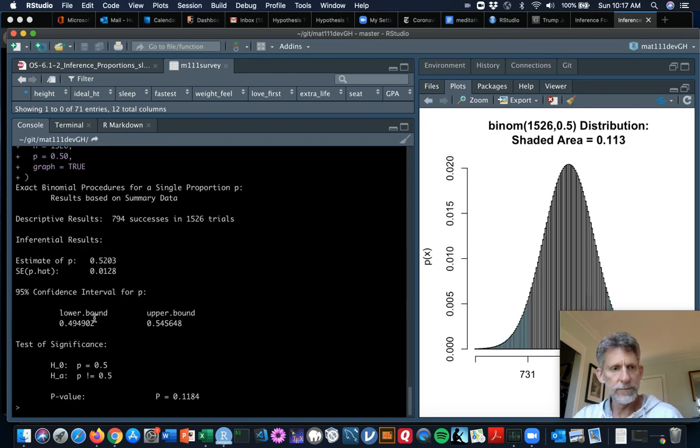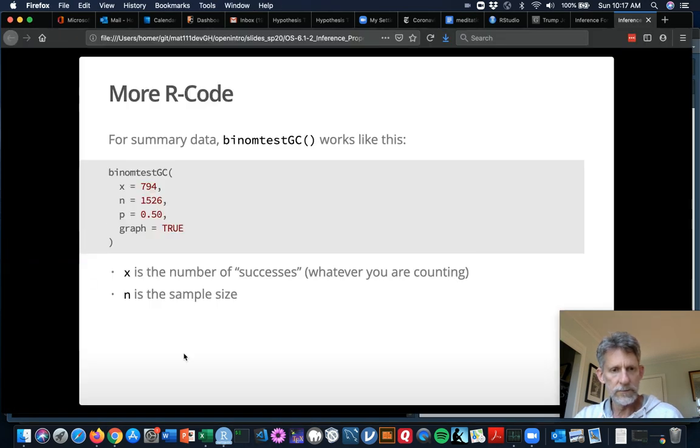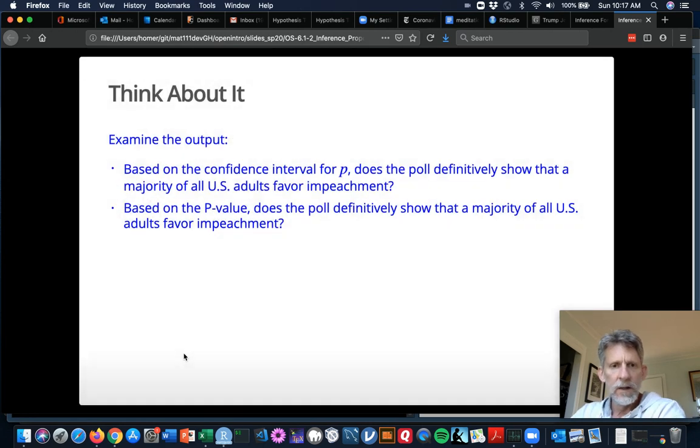Here we are. So we'll be looking through these results. I want you to think about this for a bit. You could stop the slides and go ahead and run this and think about it. Or I'm going to transition back to the slides and you can look at it there.